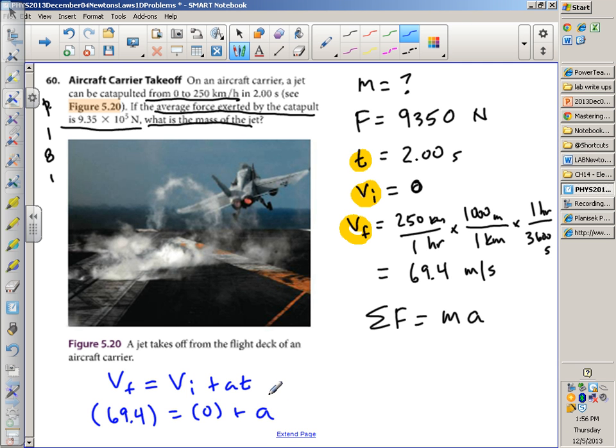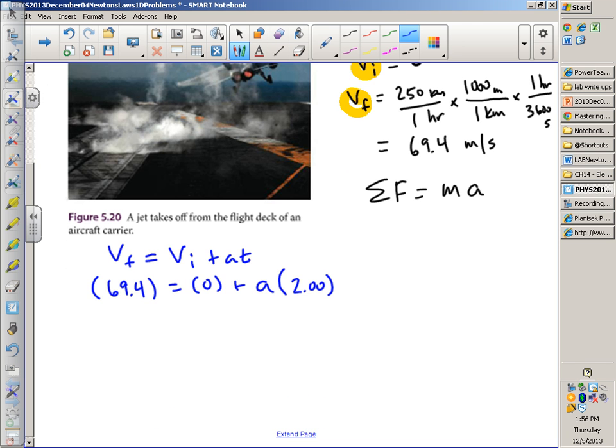We want to find that so we can use Newton's second law, and the time was 2.00. And when you do that, what is it? 34.7 meters per second squared.